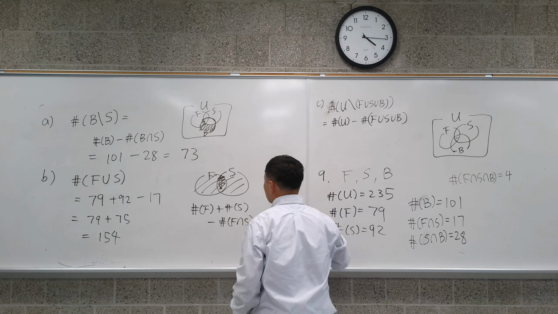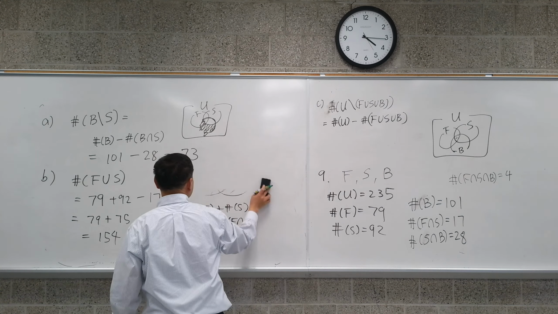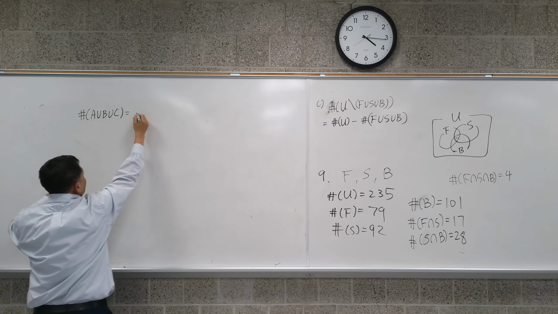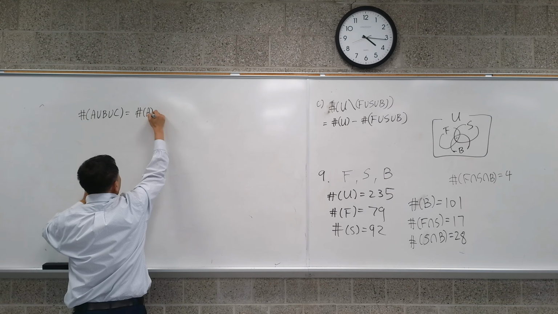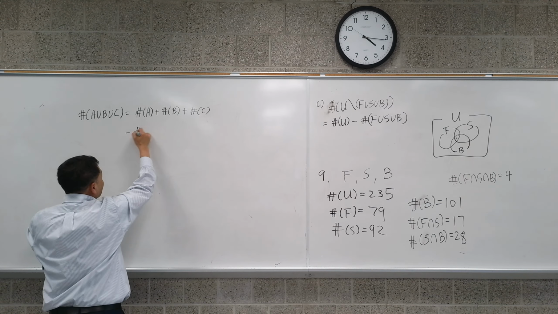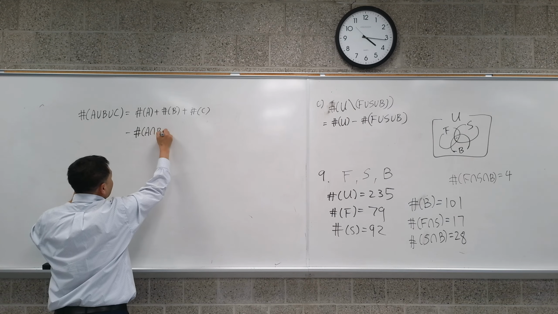And for this one, it's a bit complicated, but we learned this formula. So let me recall this formula. If you have three sets, then A union B union C is the number in A, number in B, number in C. But then if you do that, overlaps are counted twice, so you keep subtracting the overlaps.